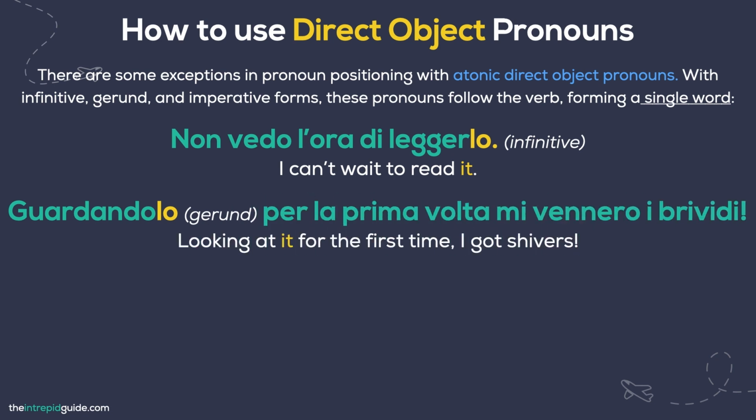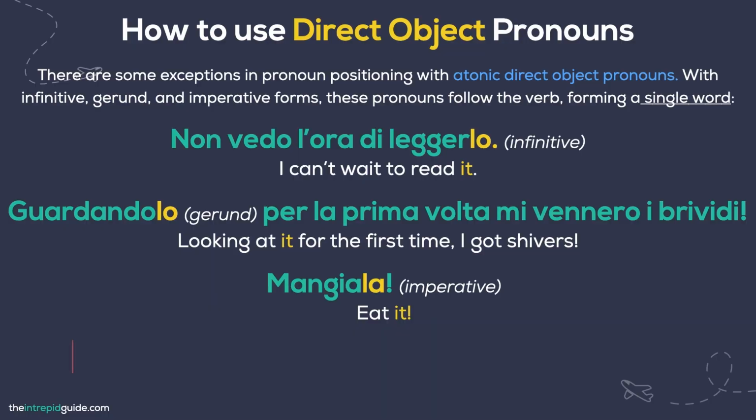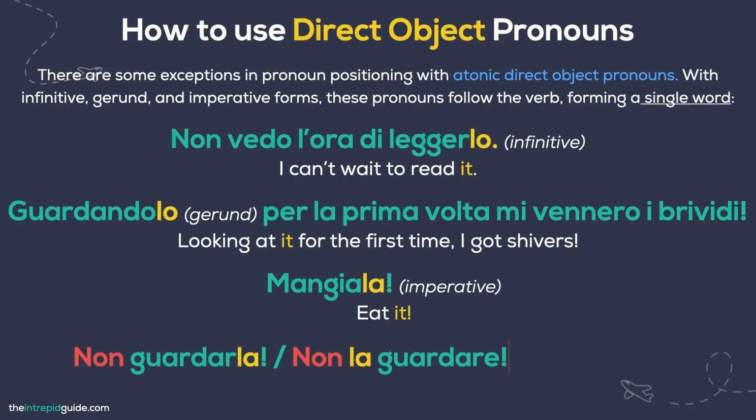Looking at it for the first time, I got shivers. Mangiala. Eat it. In the imperative negative form, the direct object pronoun can be placed before the infinitive verb or after it. Thus, both Non guardarla and Non la guardare can be used with the meaning don't look at her.